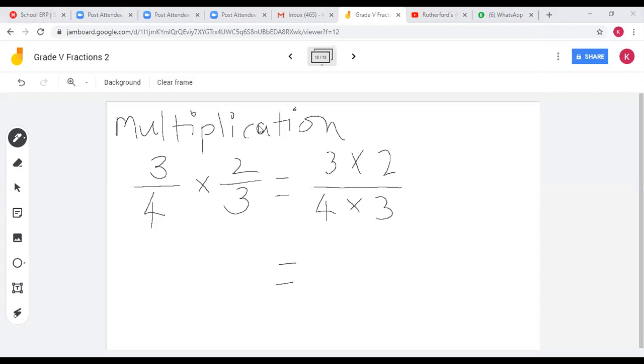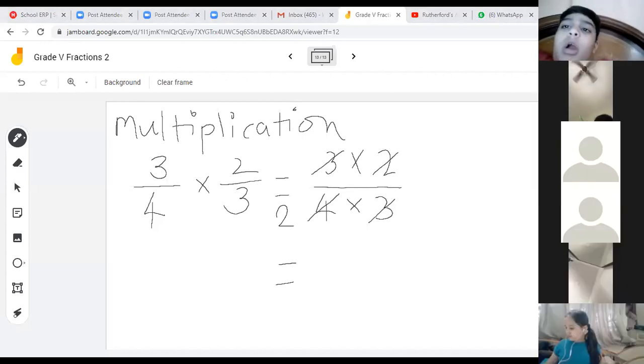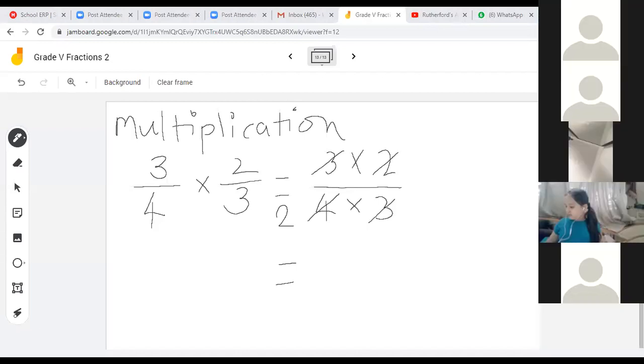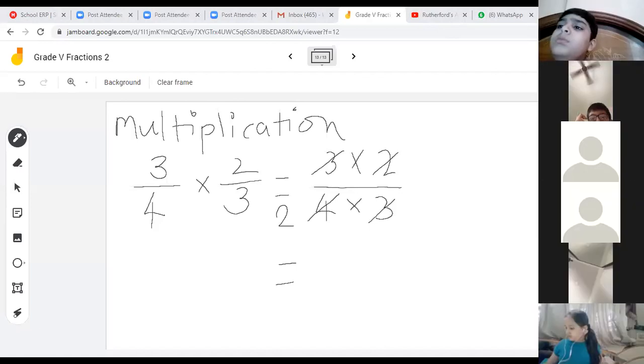We get answer. It's very easy. Pay attention. Here there is 1 3, here there is 1 3, so 3 and 3 cancel. Now 2 cancelled, and here 2 2s are 4. Yes, everyone understood this part? Give me a thumbs up if you have understood this. Shlok?